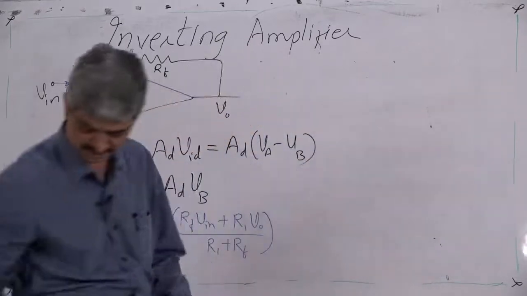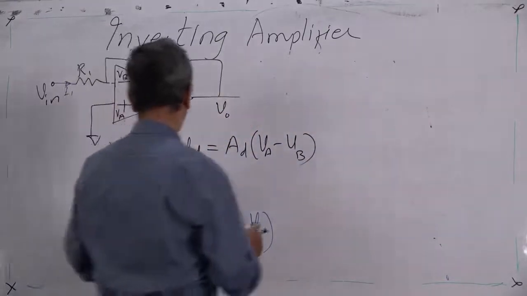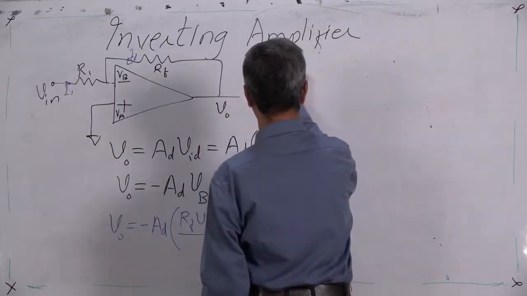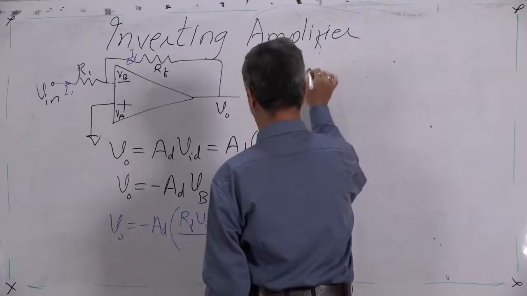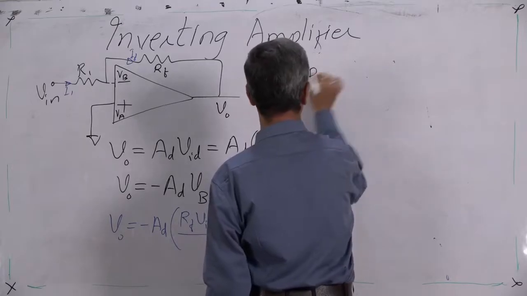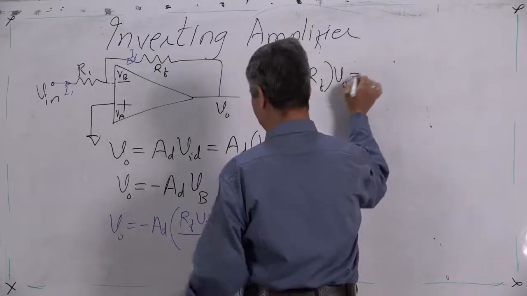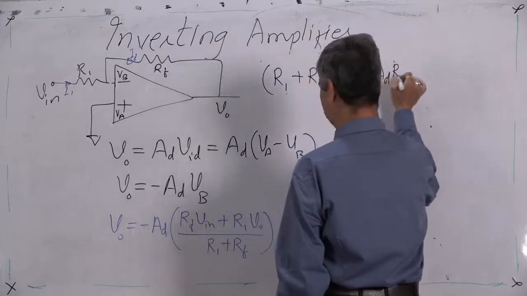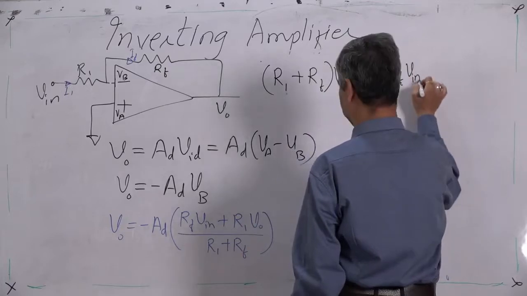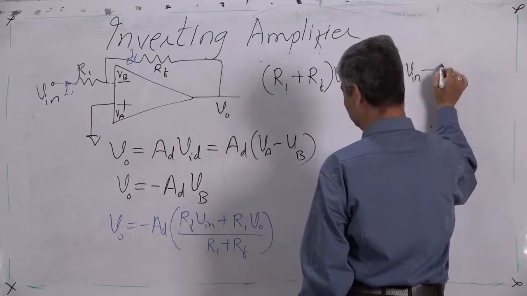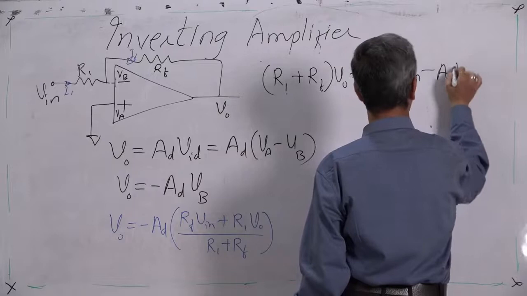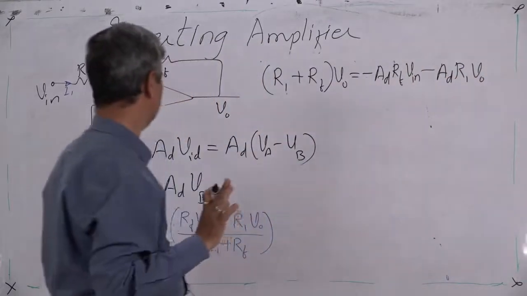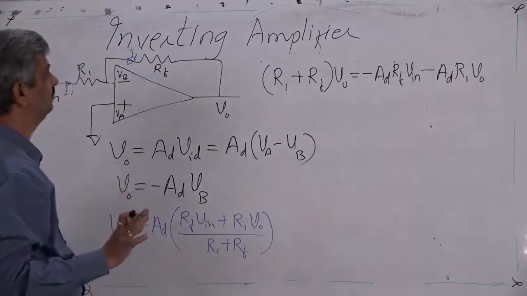So let us go step by step. This we multiply on the left hand side. So I rewrite again R1 plus RF VO, and I multiply inside: minus AD RF Vin minus AD R1 VO.